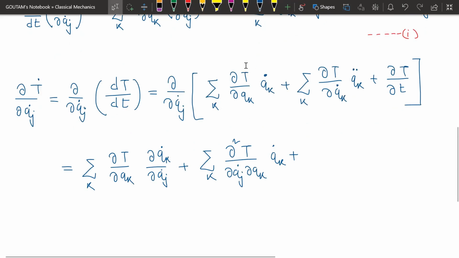So first this term intact, derivative of this term, which is ∂q̇k/∂q̇j, and then this term intact and derivative of the first term.